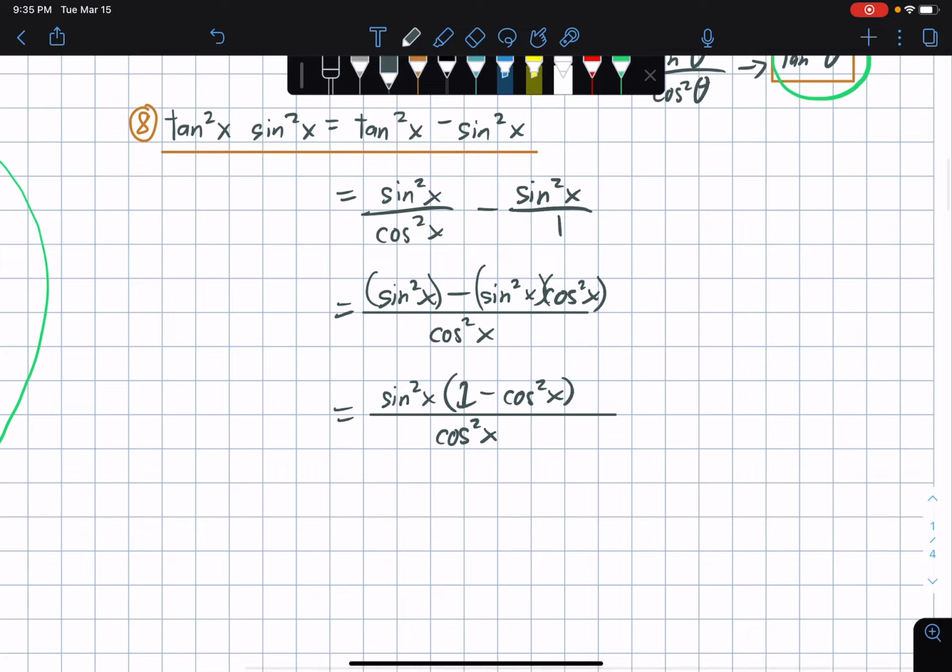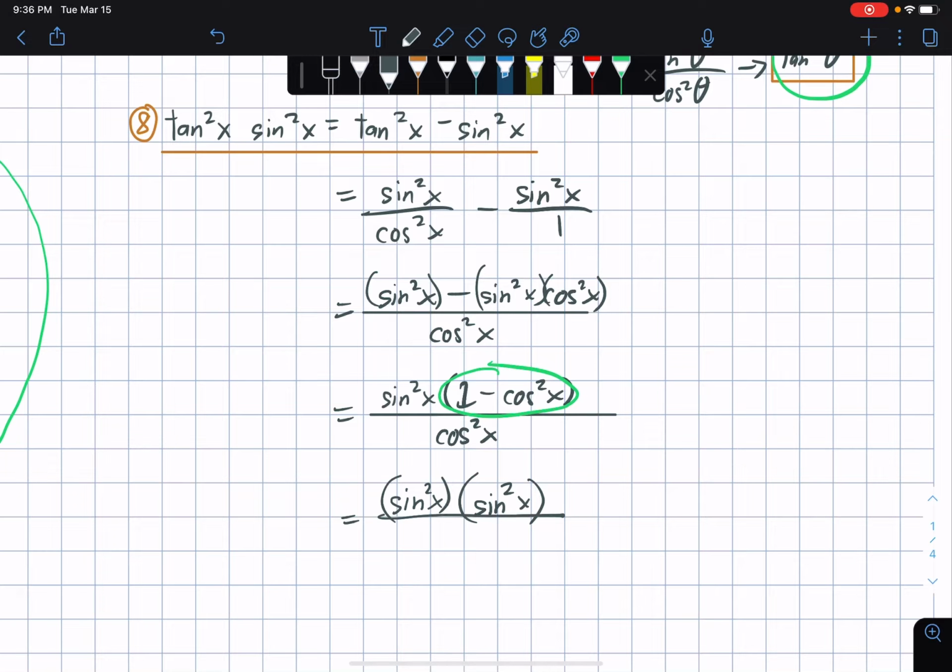Now, let's try to see that this one is equal to sine raised to 2x, and multiplying it with this makes it, hang on, I don't think we're supposed to simplify them together, to join them together.